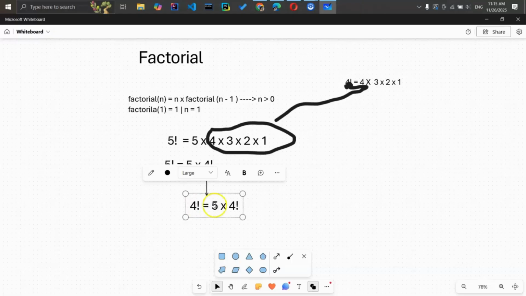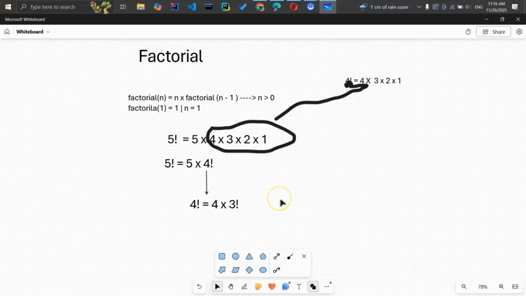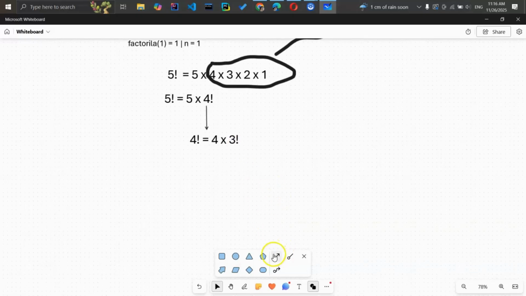Factorial 4 equals to 4 multiplied by factorial 3, like this, right? And again, we can represent factorial 3 like this, right?